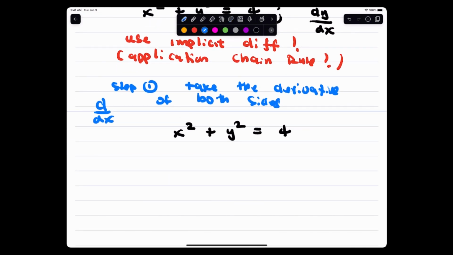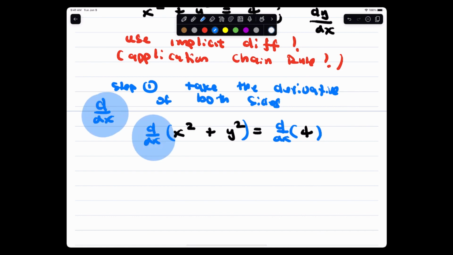So when I say derivative of both sides, you take d dx of the left, which will equal d dx of the right. Maybe that's what you guys need to see. We're going to take the derivative of both sides. This is implicit differentiation.